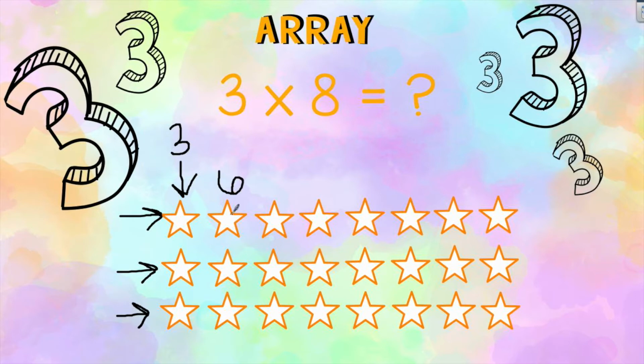So in these 2 columns, I have 6 stars. 6 plus 3 more stars equals 9. 9 plus 3 equals 12. 12 plus 3 equals 15. 15 plus 3 equals 18. 18 plus 3 more stars equals 21. And lastly, 21 plus 3 equals 24.